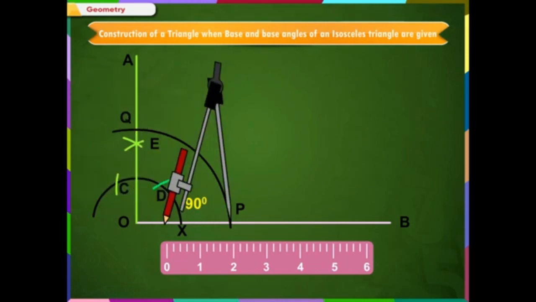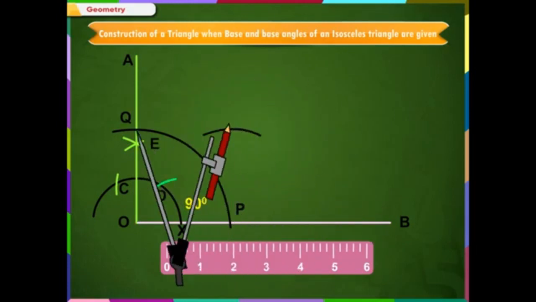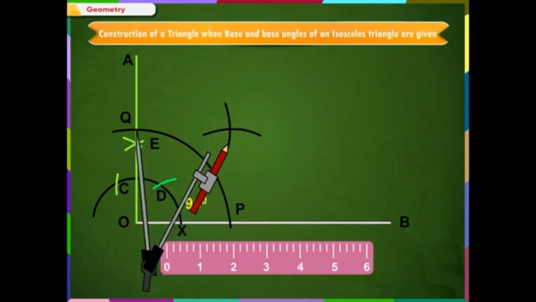Again with the same radius as in step 7, and with P and Q as centers, draw two arcs which cut each other at point F as shown on the screen.